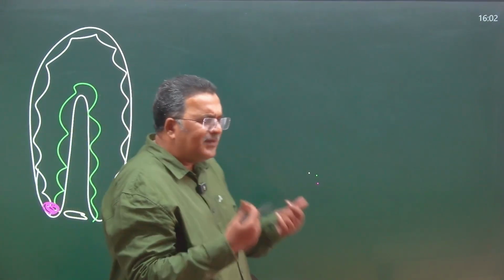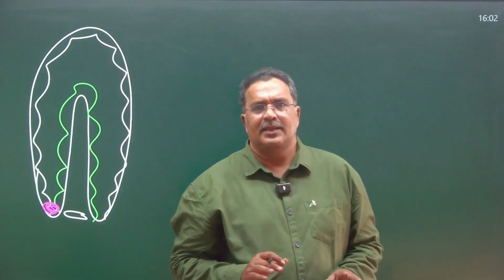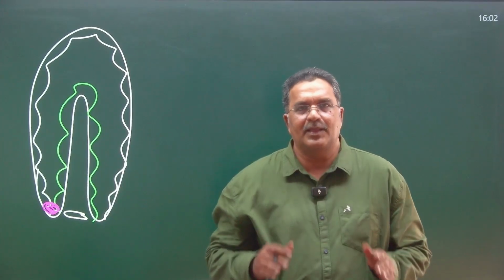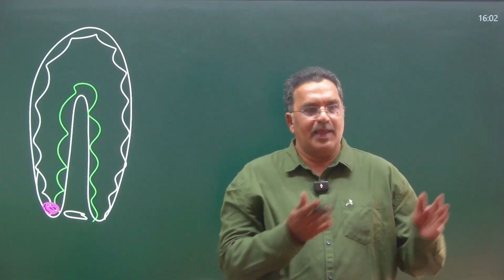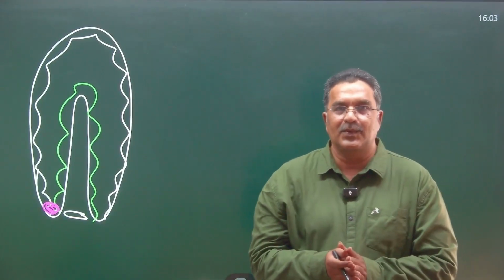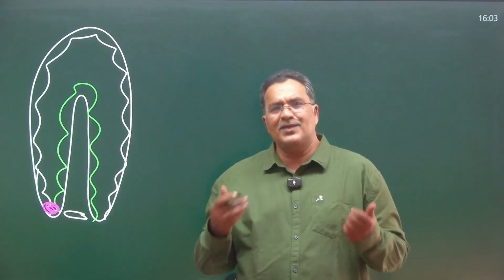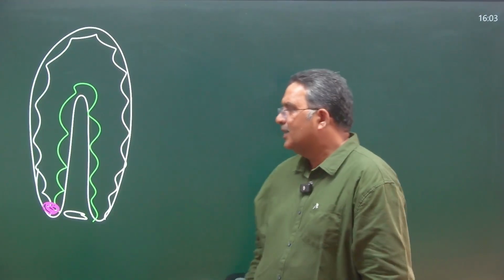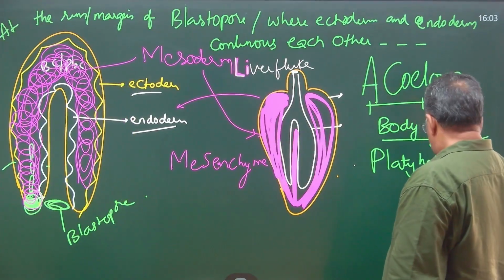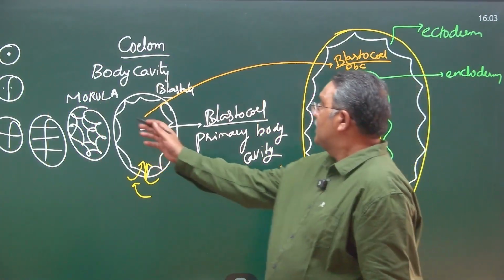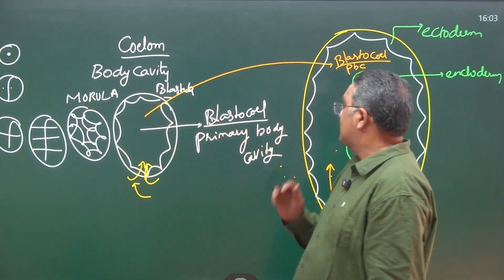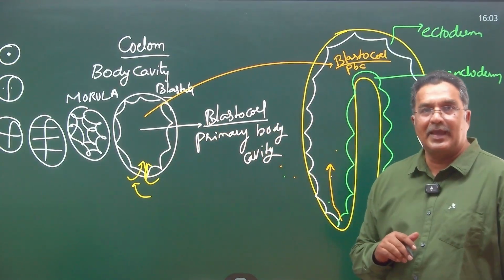Here, whatever the organism it is, the basic development is always the same. Either you, a human being, or an earthworm, or a tapeworm, or a liver fluke, or a roundworm. Whatever the organism, whatever the phylum, the story begins from zygote, 2 cell, 4, morula will come, then blastula, cavity in the blastula, blastocele or primary body cavity.